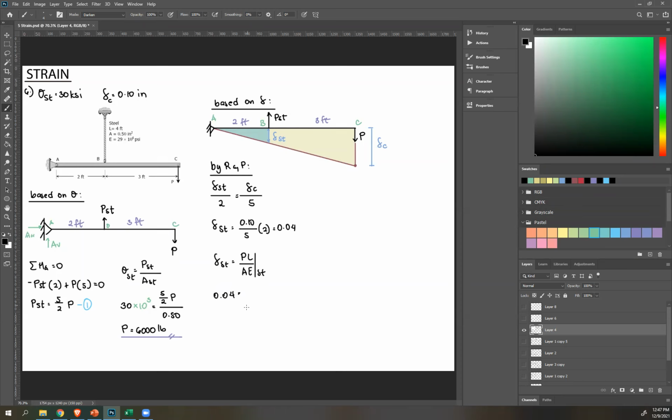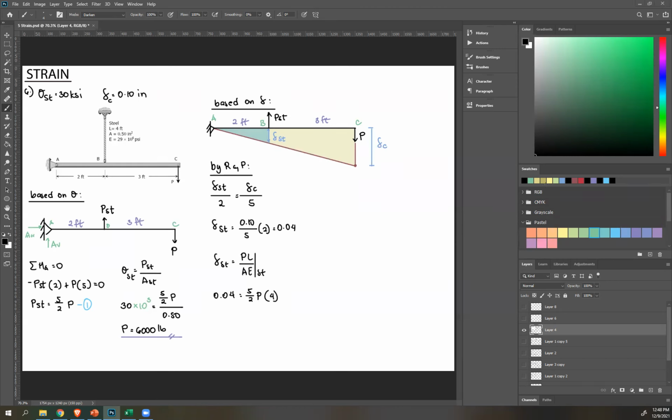equals PST, but we have an equation for PST. That's 5 over 2P. Now, these are still the same systems. So this summation of moments still applies. Okay? So I can still use that here. Instead of PST, I'll use 5 over 2P since P is what we're looking for. And then length of steel, 4 feet.